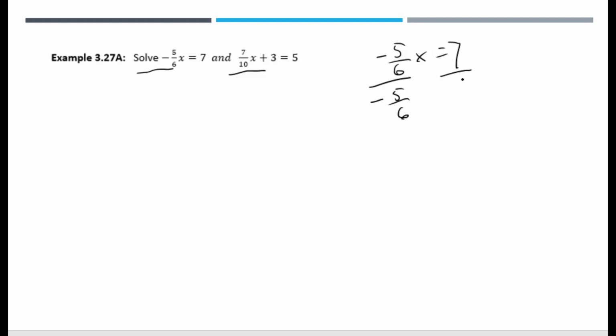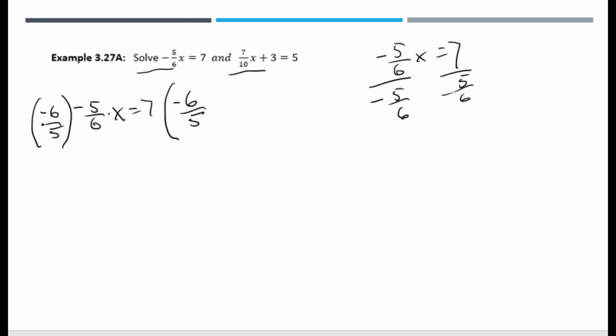But then I get this, which is just kind of messy. So instead I'm going to use the reciprocal. So here's my negative 5/6 times x equals 7. I'm going to multiply this side by a negative 6/5. Again, a negative times a negative is a positive. And so I multiply this side by a negative 6/5.